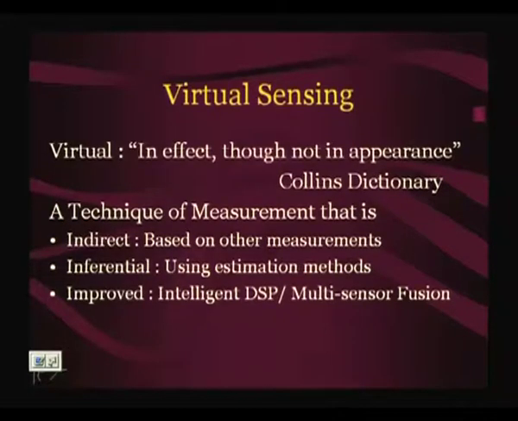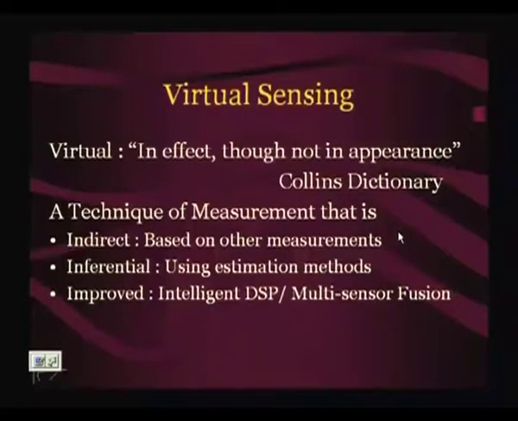While it may not appear to be a sensor in the conventional sense, it will give you a value for a quantity. So, in effect, it will give you a measurement. In that sense, estimators can be virtual sensors, and virtual sensing is a technique of measurement that is indirect. It is based on other measurements which you make with conventional sensors.